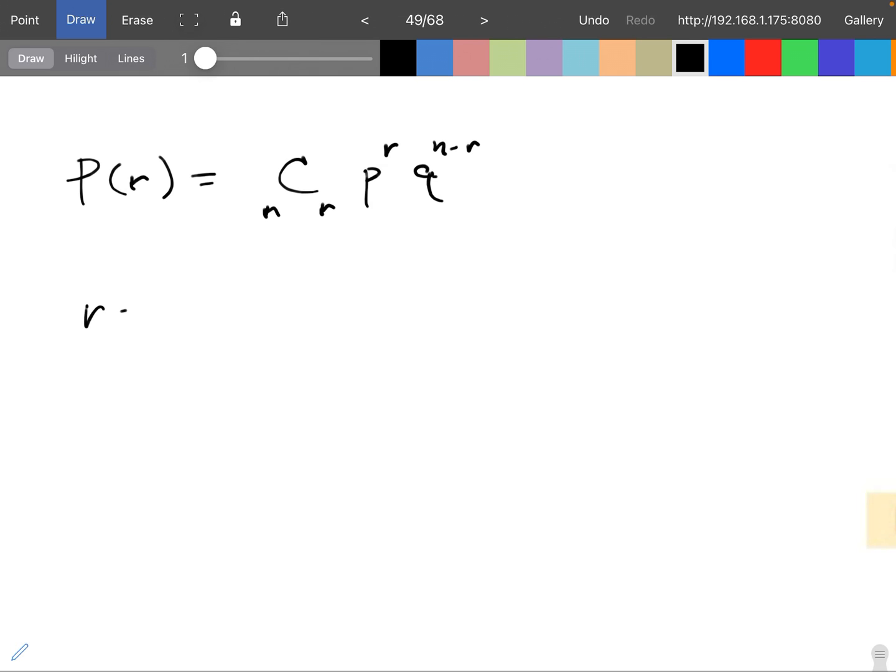And then we just need to define what all these things are. So the R is the number of successes. And then the N is the number of trials.